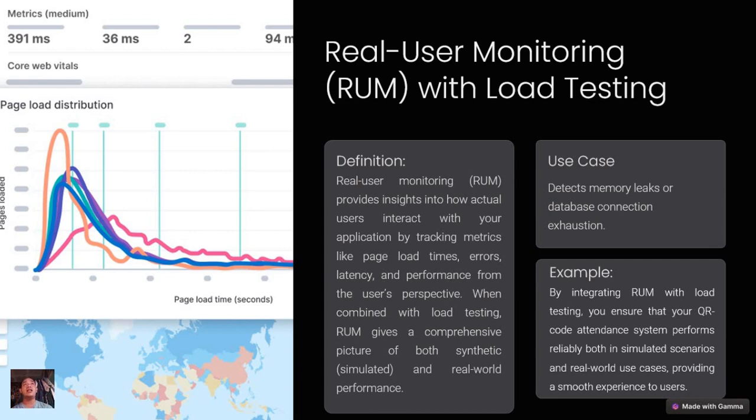When combined with load testing, RUM can give a comprehensive picture of both synthetic simulation and real-world performance. So for example, by integrating RUM with load testing, you ensure that your QR code attendance system performs reliably in both simulation scenarios and real-world use cases, providing a smooth experience to users.